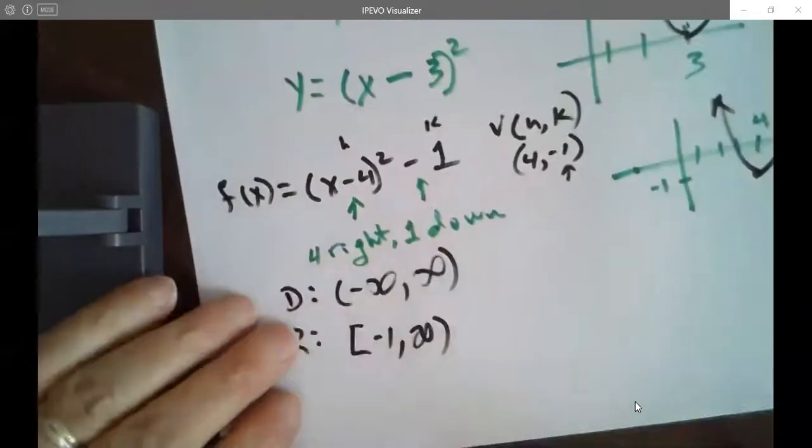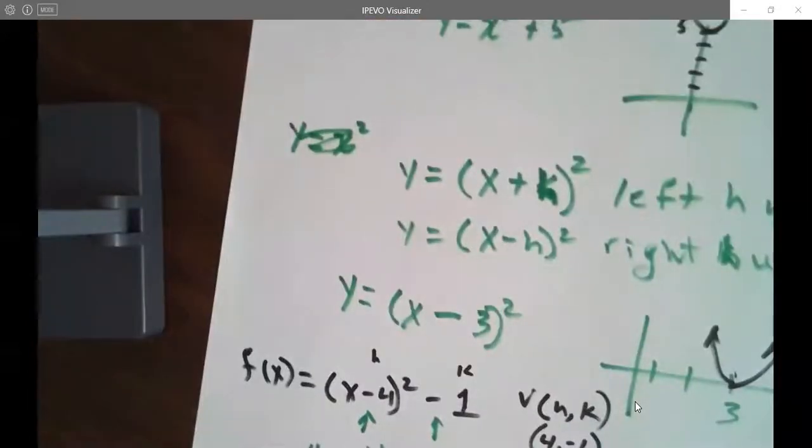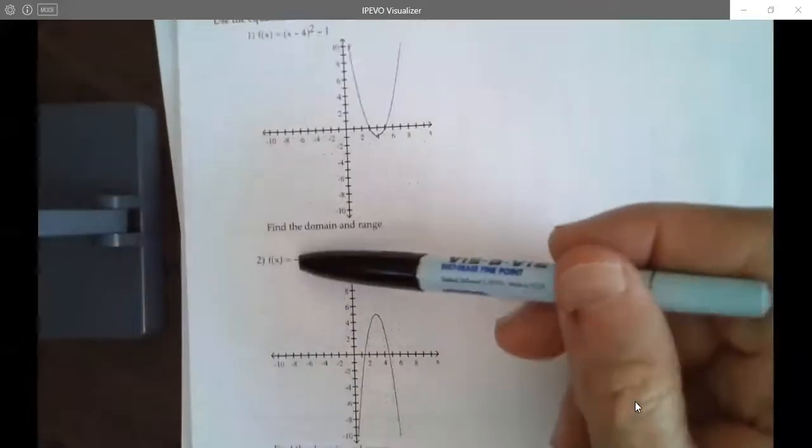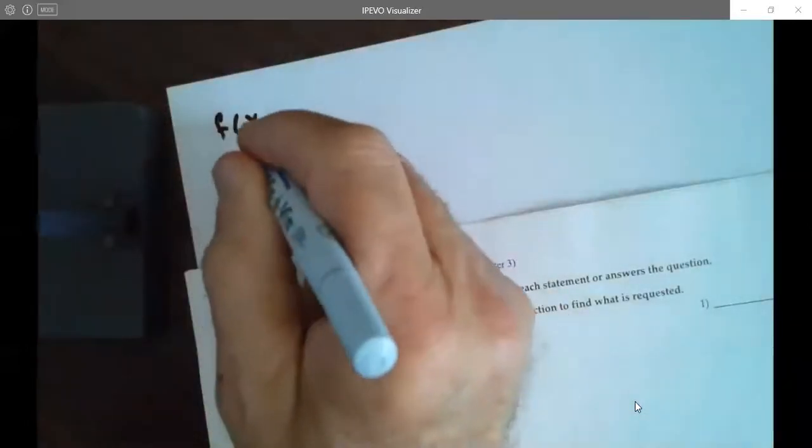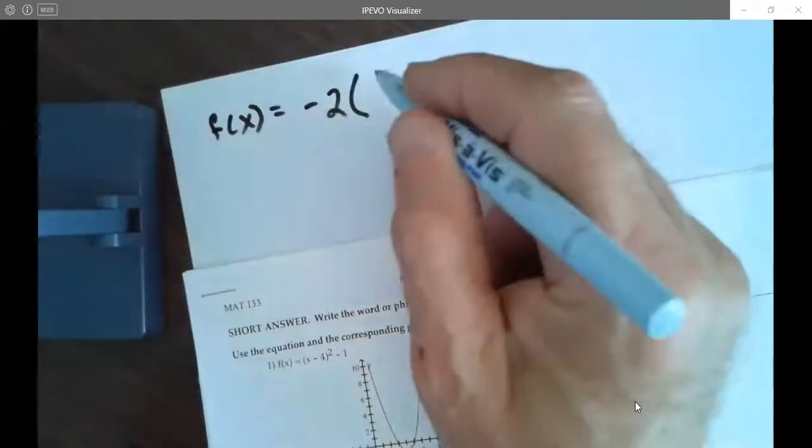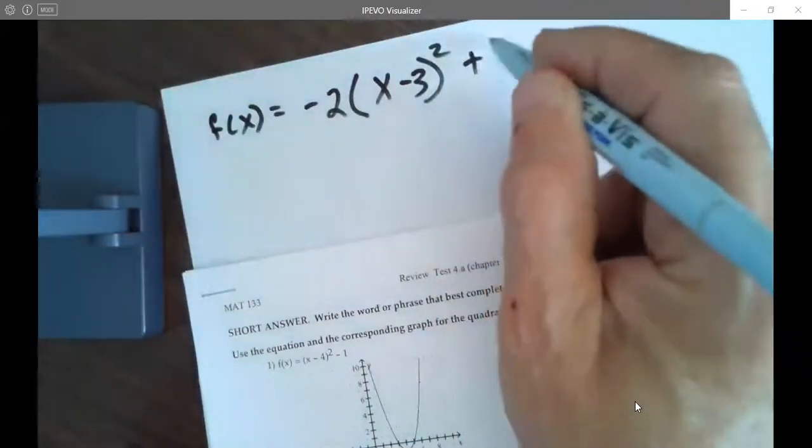Okay, so let's look at the next one. This negative is going to flip it. Let me rewrite this. f of x is equal to negative 2, parentheses x minus 3, close parentheses squared, plus 5.